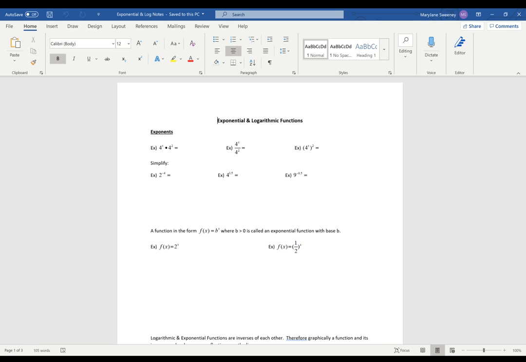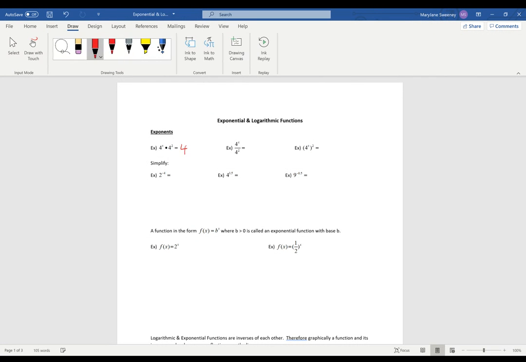Okay, so exponential and logarithmic functions, we're going to do a little bit of review here. So with exponents, if you want to remember, if the bases are the same, you keep the base. So we'll keep the 4, and then we add the exponents.